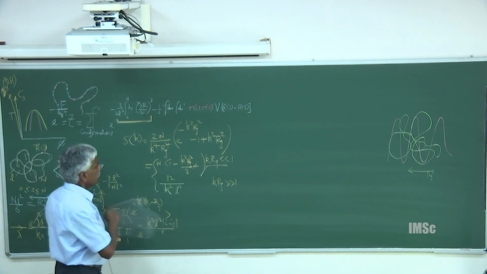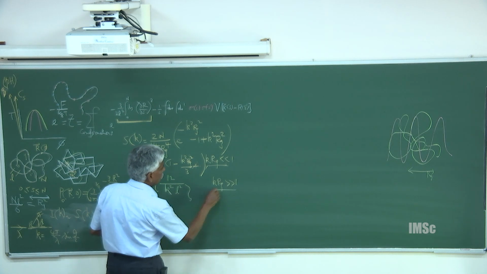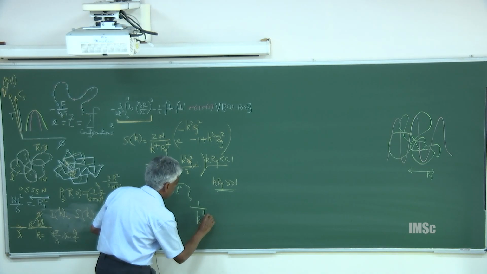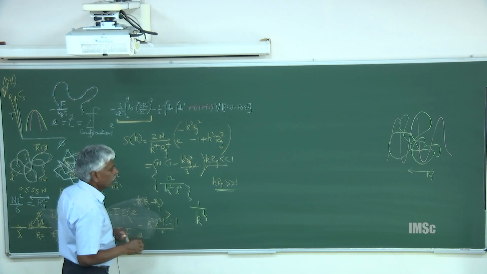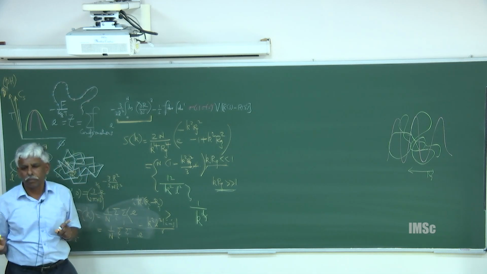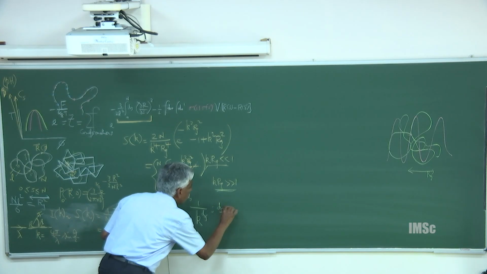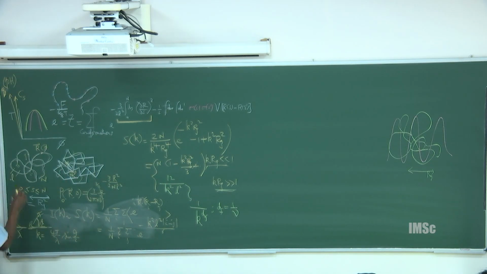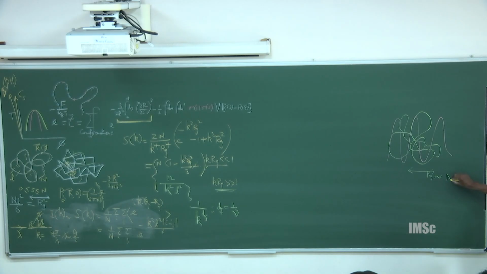The important thing is, in this limit, it goes like 1 over k to the power some number df. This df is called a fractal dimension, with df equal to 1 over nu, where nu is defined by Rg proportional to n to the nu.